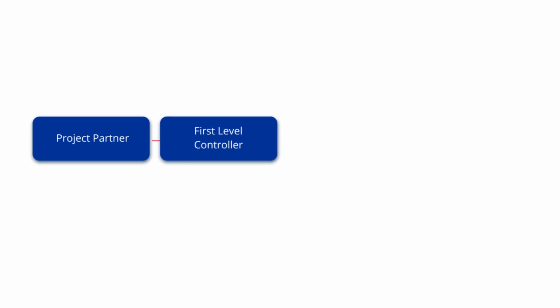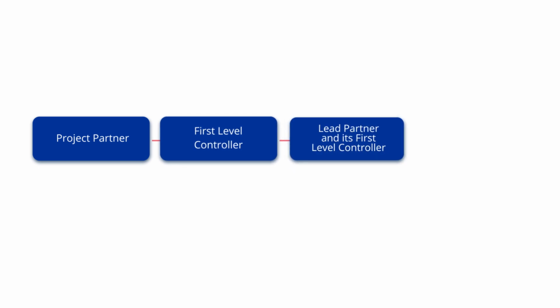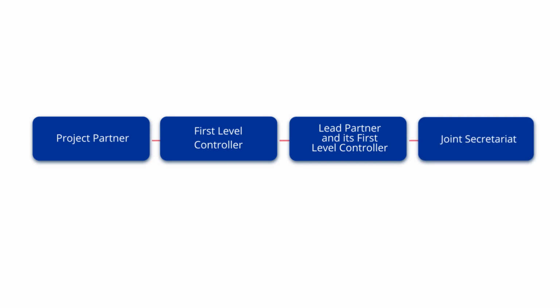During the reporting exercise, information in the eMS flows from each partner to its first level controller, to the lead partner and its first level controller, and then to the joint secretariat. More specifically, partners submit their claims to their first level controller. Once the claim is certified, the first level controller transmits this information along with the necessary reporting documents to the lead partner.